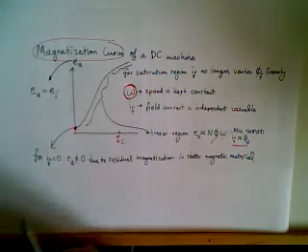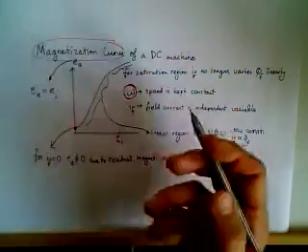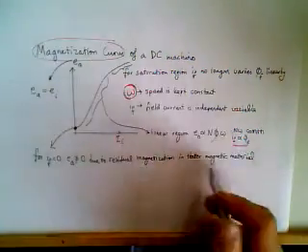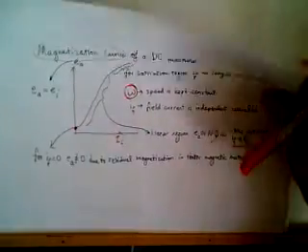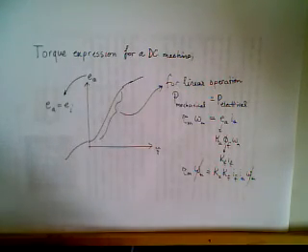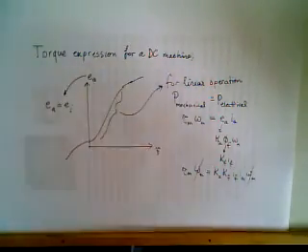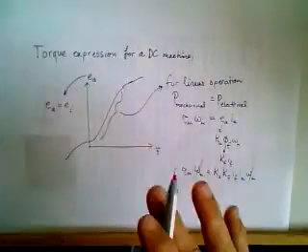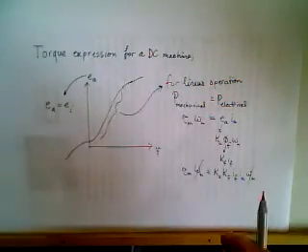So that produces induced voltage with a low value, 5 or 10 or 20 volts or so. With this magnetization curve in hand, we can characterize the machine mostly.